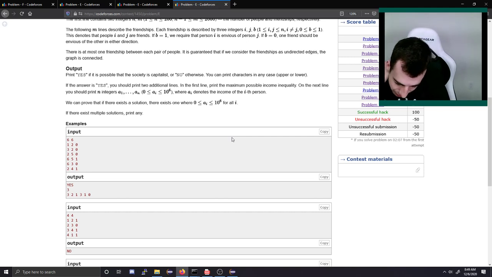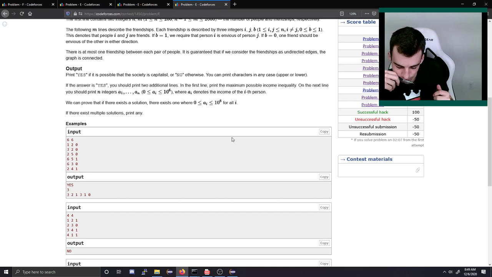Okay. What if, well, that's tricky because we've got duplicate constraints. We pick some set of nodes where all of the edges are going into that set.